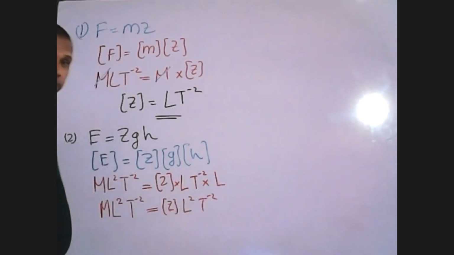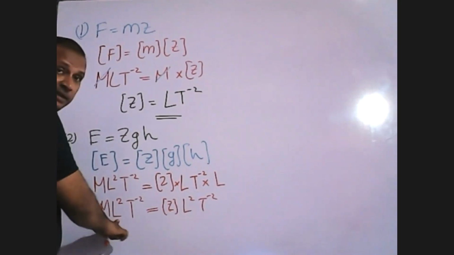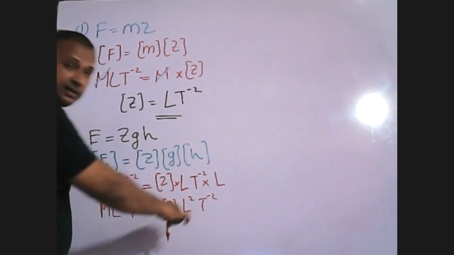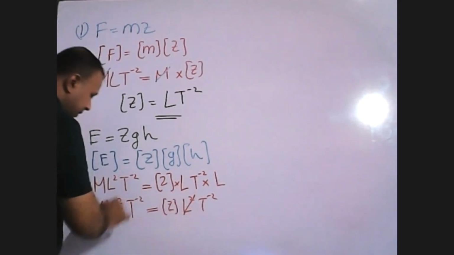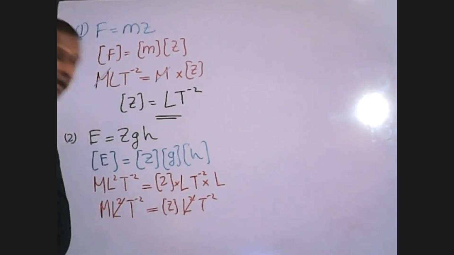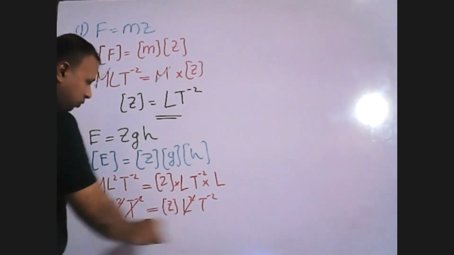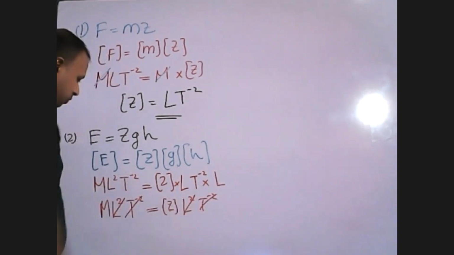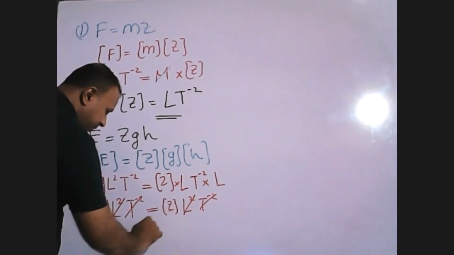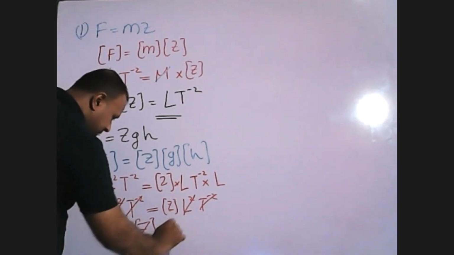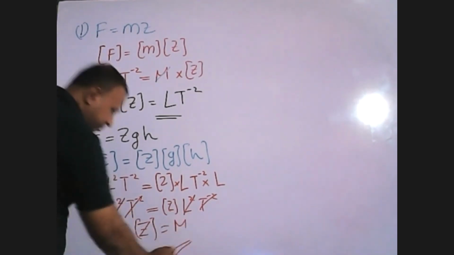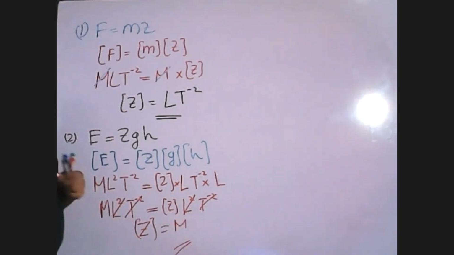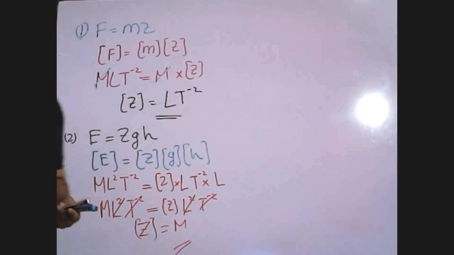Then on the right hand side there is L squared, on the left hand side there is L squared, it will be cancelled out. T to the power minus 2, T to the power minus 2 will be cancelled out. Then the dimension of Z is equal to M.